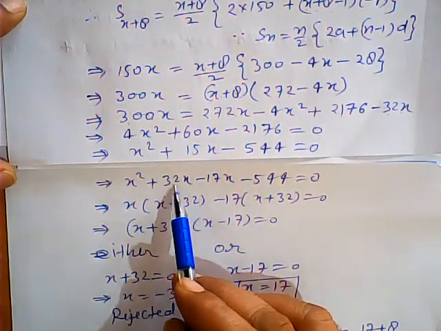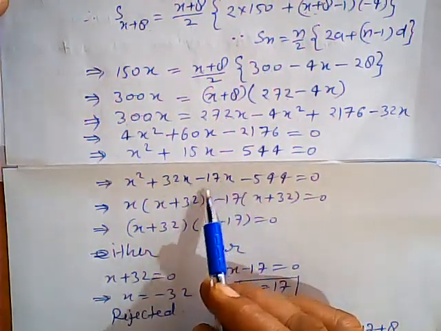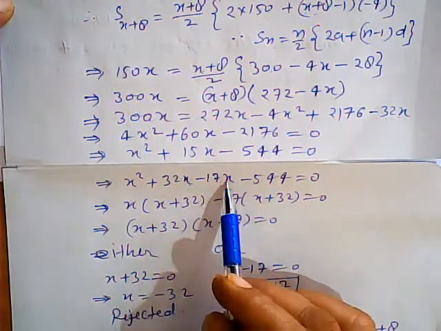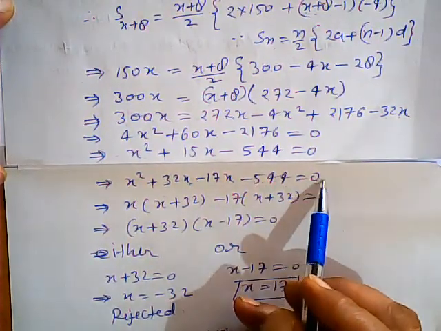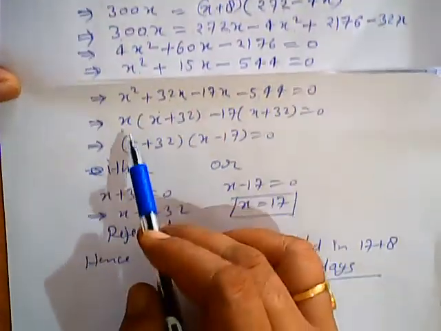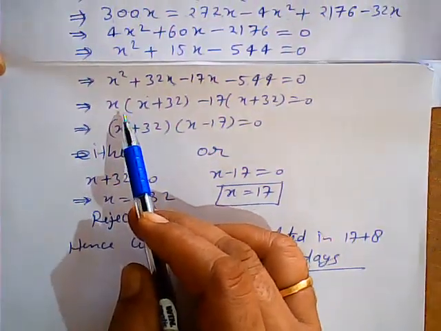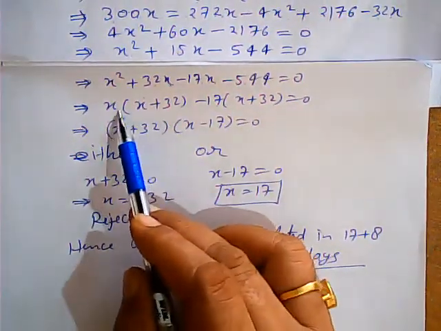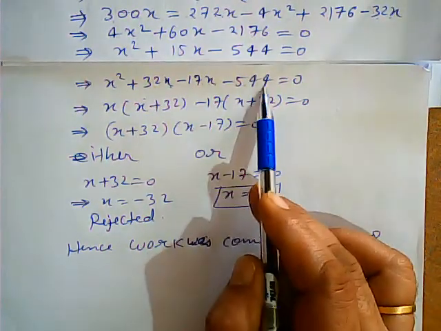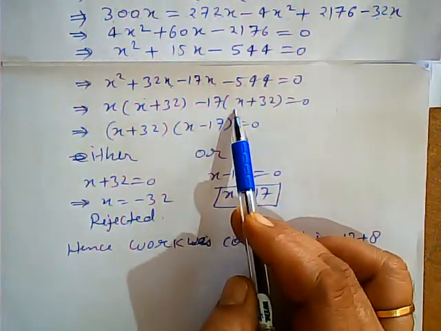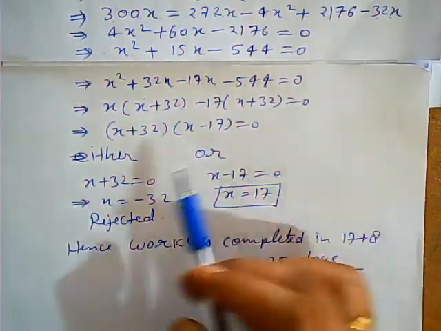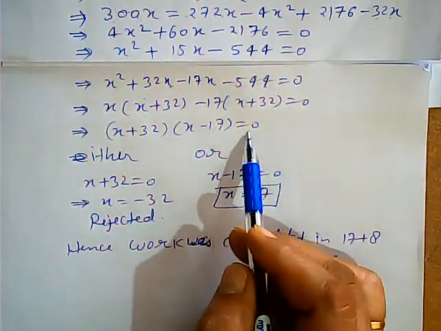So those factors are 32 and 17. So we are writing x square plus 32x minus 17x minus 544 equal to 0. Now x is taken as common from the first two terms. So what is remaining with us? x into (x plus 32) minus 17 is common. So (x plus 32) into (x minus 17) equal to 0.